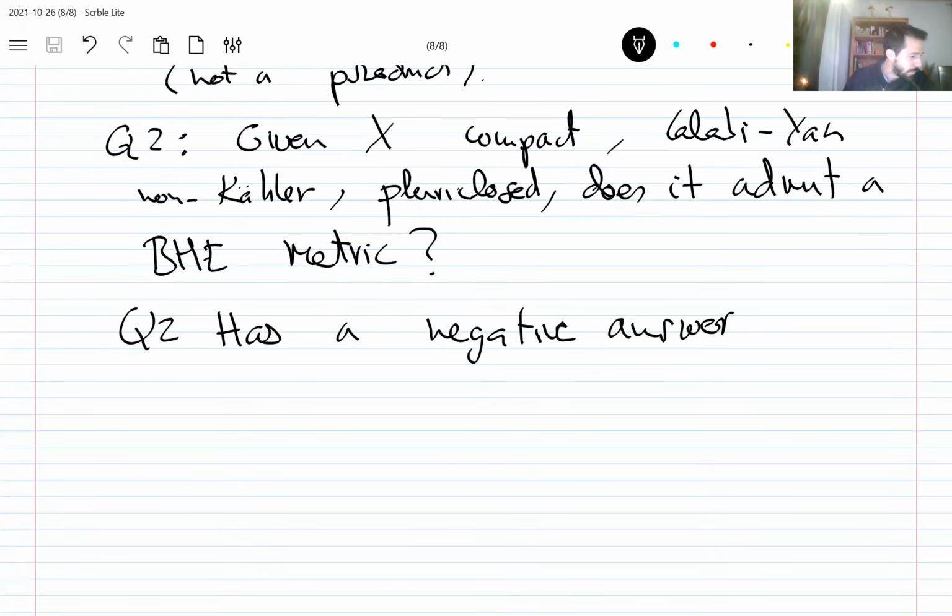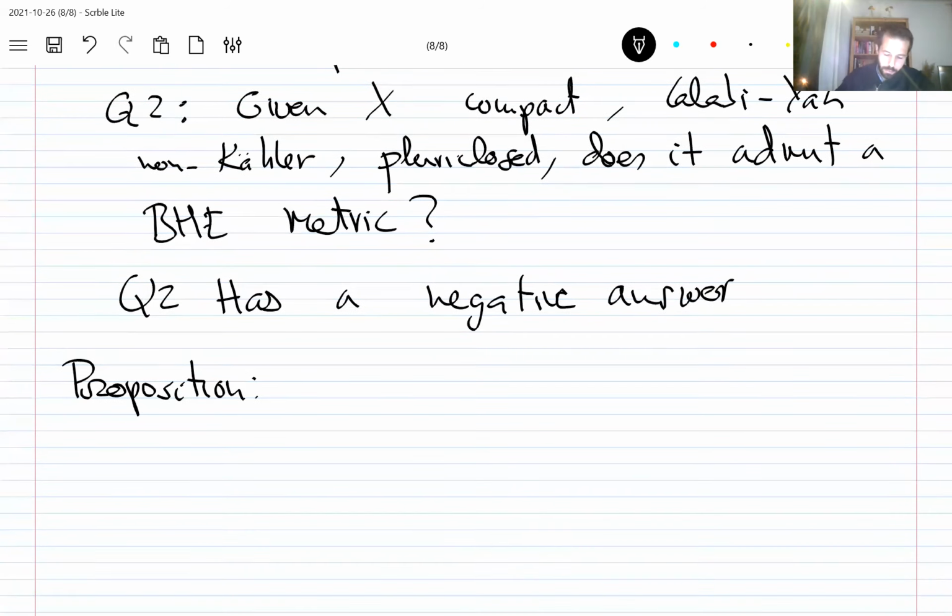So let me give you this natural structural result. Proposition: if (X, g) is pluriclosed, then we have the following formula for the Bismut-Ricci form.